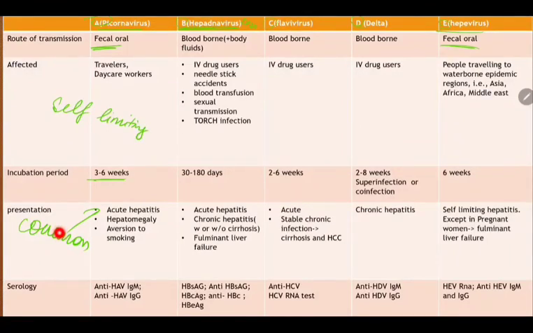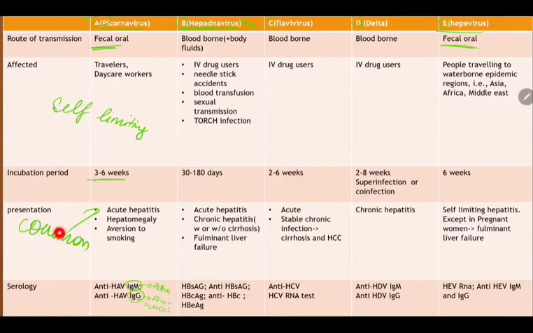So it never progresses to chronic hepatitis, and it does not have a carrier state, which means there are no individuals that just have the virus and transmit it without showing symptoms. Serology, I would look for anti-HAV IgM and IgG. IgM is for active infection, IgG is for prior infection or a vaccination.